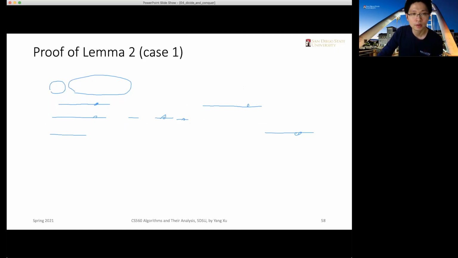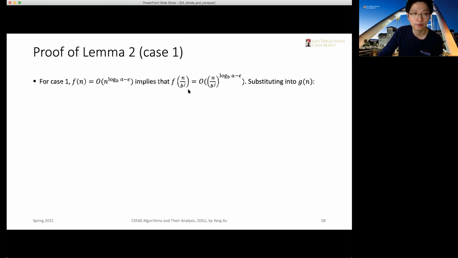Let's quickly go through how we prove Lemma 2. It's still case by case. Case 1 says that if f of n is a lower order function, a smaller function, then we can directly write from this condition to this equation.